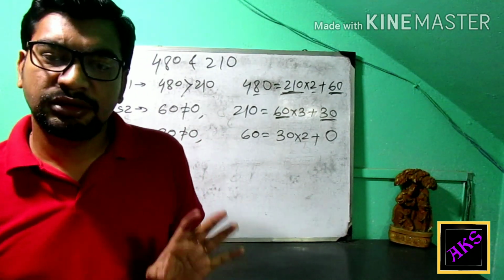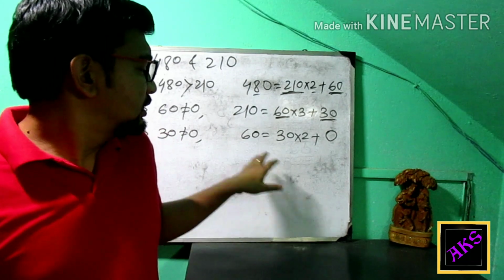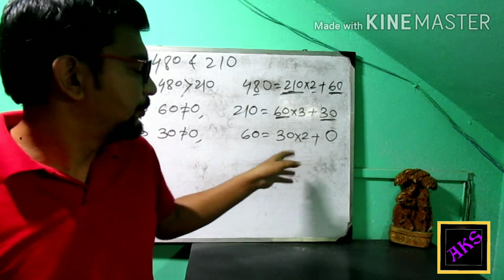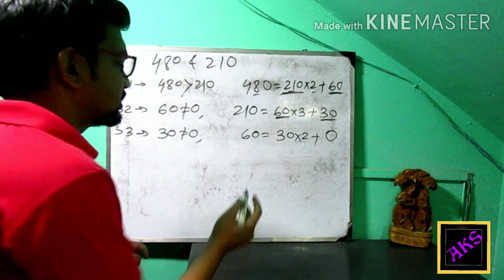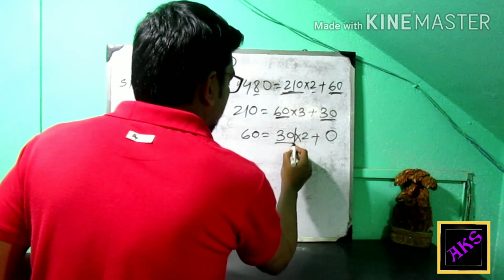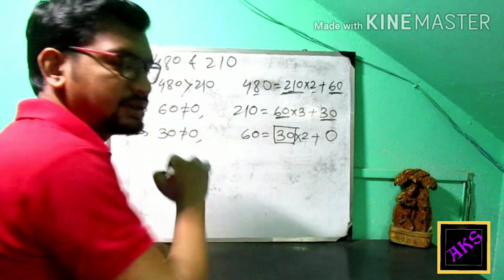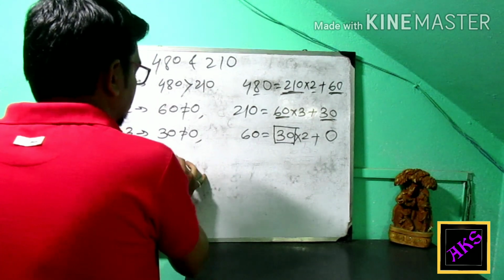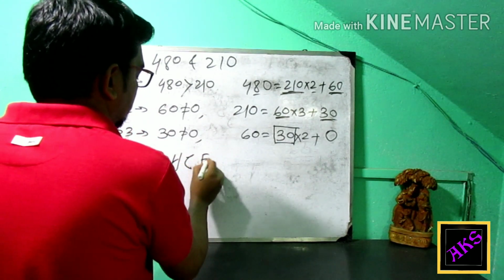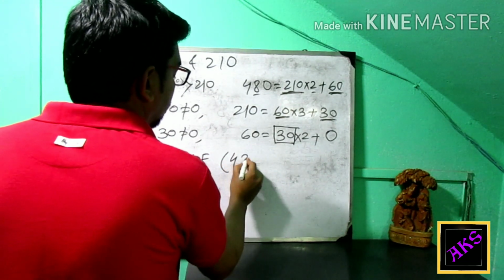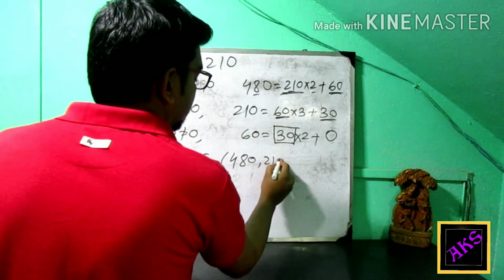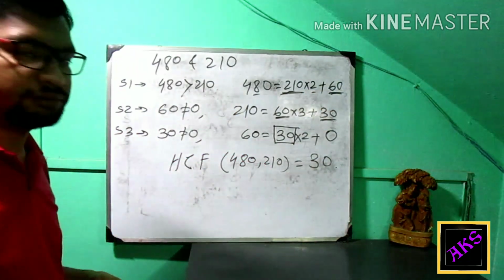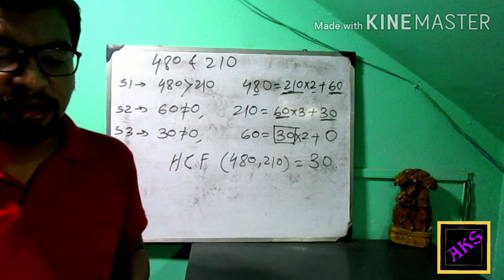So our procedure stops here. Since the remainder is 0, the divisor at this stage, that means 30, will be our HCF. So we can say that the HCF of 480 and 210 is equal to 30. Clear?